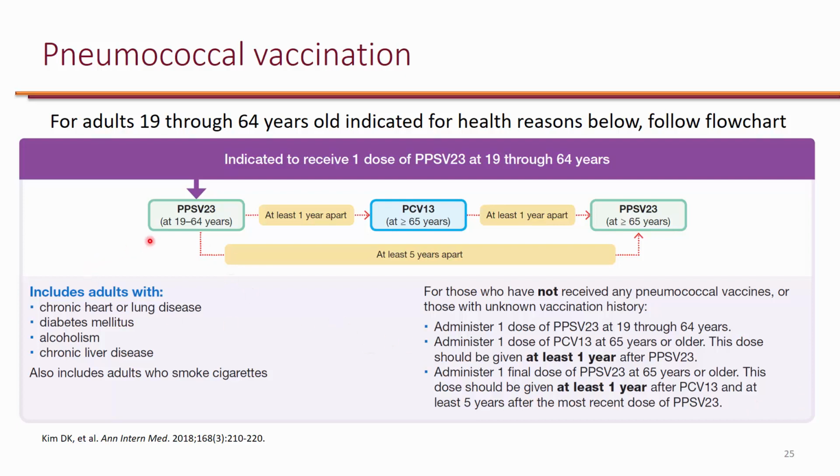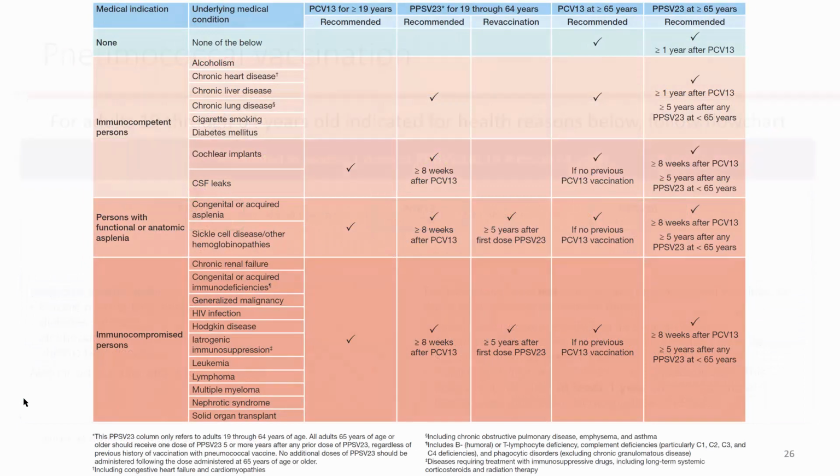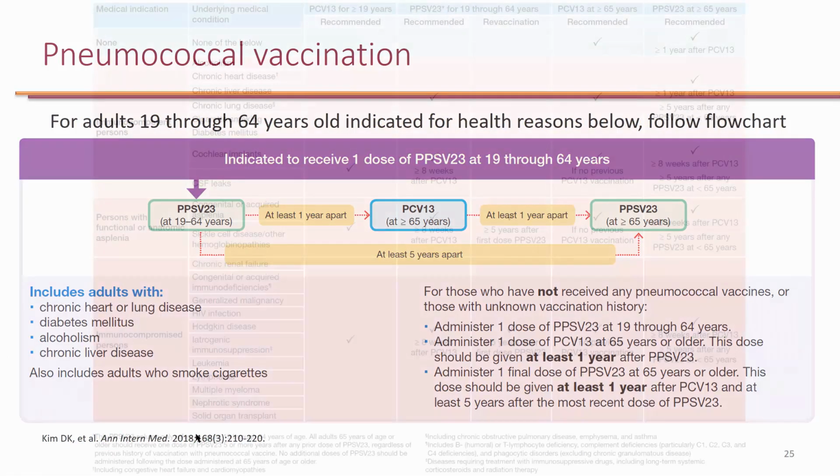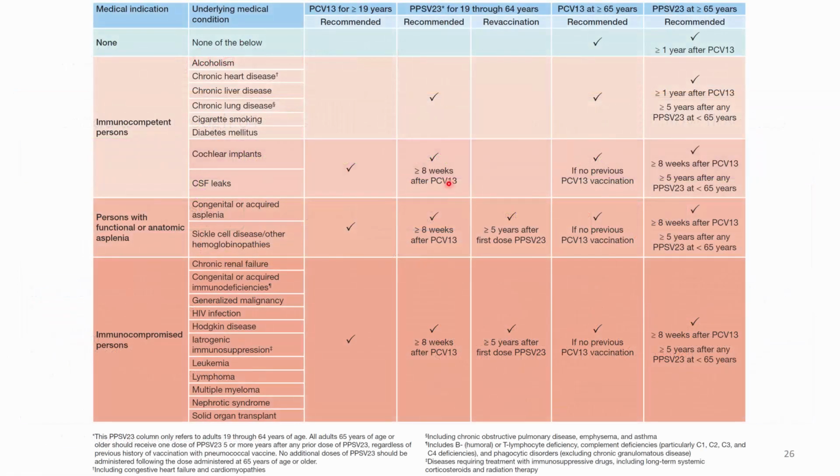And this is for PPSV23 specifically. Chronic liver disease is not an indication for PCV13 prior to age 65 at this time. So these are basically what the CDC is recommending right now, and these recommendations got updated two months ago. And here's an overview of indications.